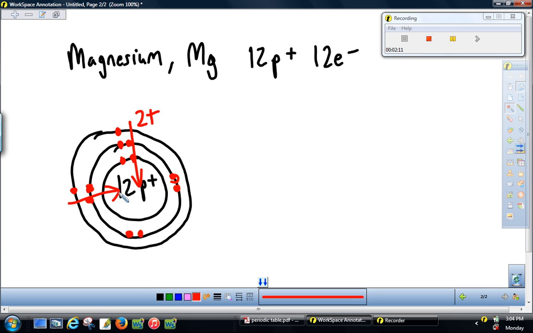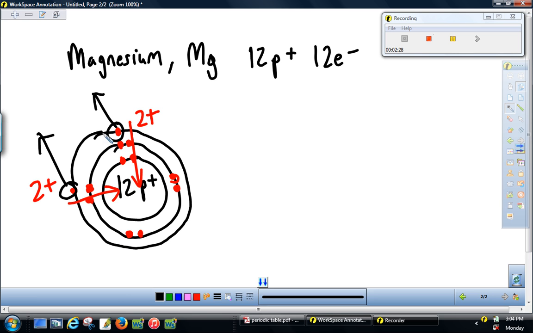So the 2 valence electrons are going to be pulled in with a +2 charge to the nucleus. That's pretty small. That's not a big force. And so magnesium is going to have these 2 valence electrons ripped off by other elements that have higher electronegativities, a word we'll talk about later this unit.